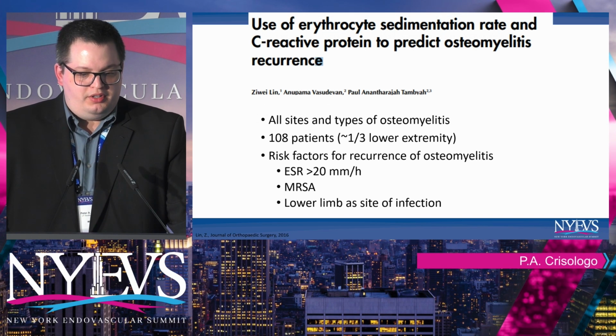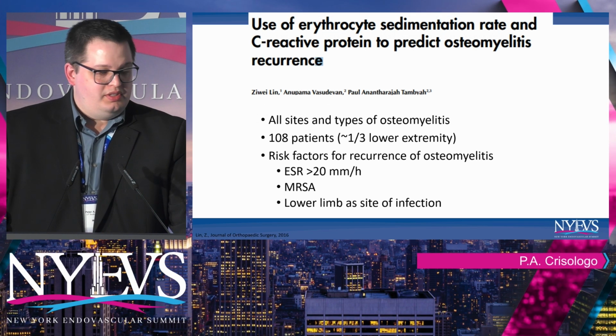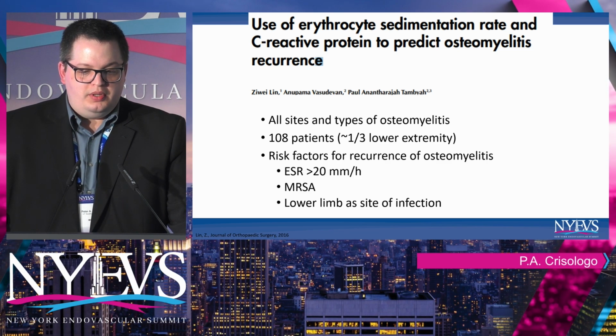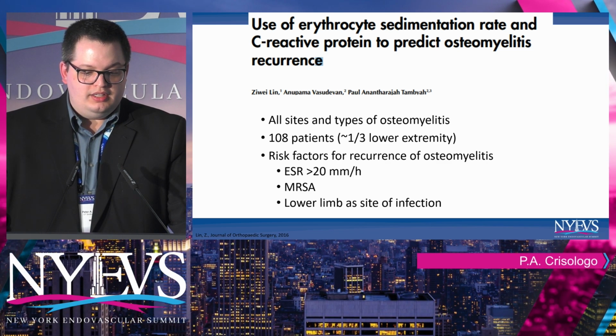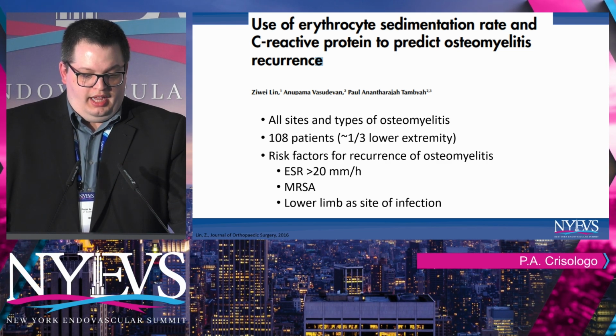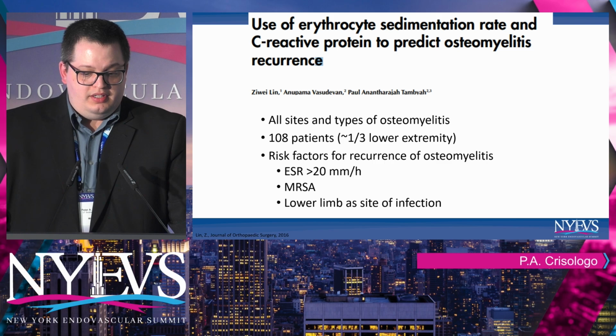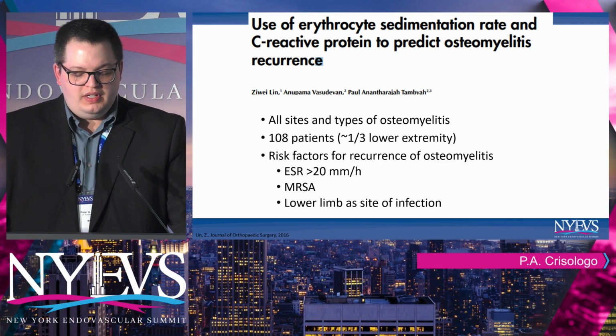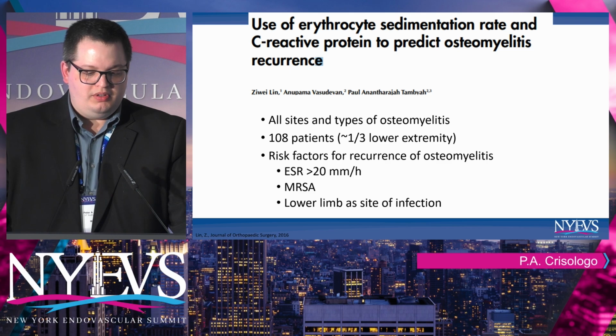So we look at monitoring. There are some papers that looked at using labs for monitoring for recurrence. This one by Lynn, this is in Journal of Orthopedic Surgery. And once again, this is not really our patient population. This is an all-comers, all sites, different ways of getting bone infection.